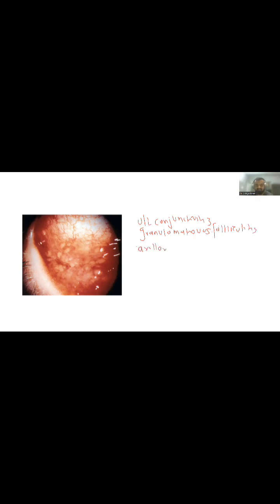So this is the disease that we know as Parinaud's oculoglandular syndrome, which occurs with cat scratch disease. Parinaud's oculoglandular syndrome is unilateral conjunctivitis with granulomatous folliculitis with ipsilateral lymphadenopathy.